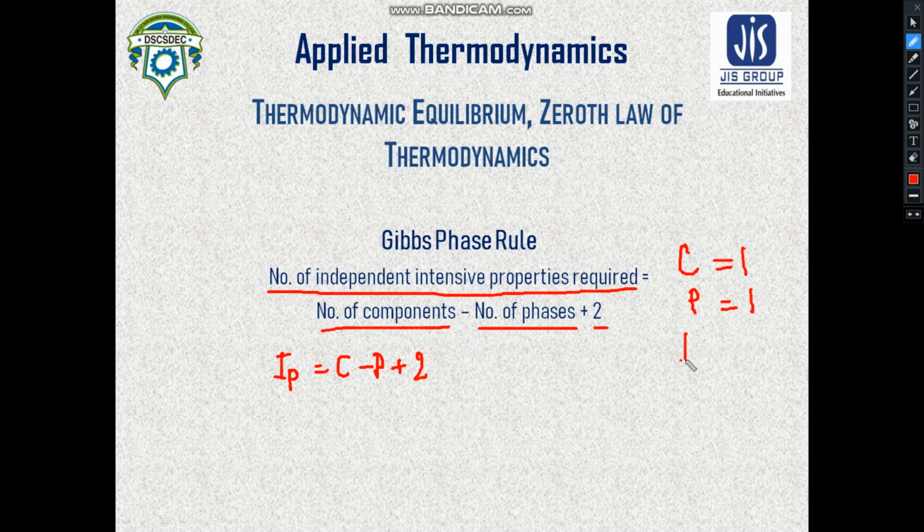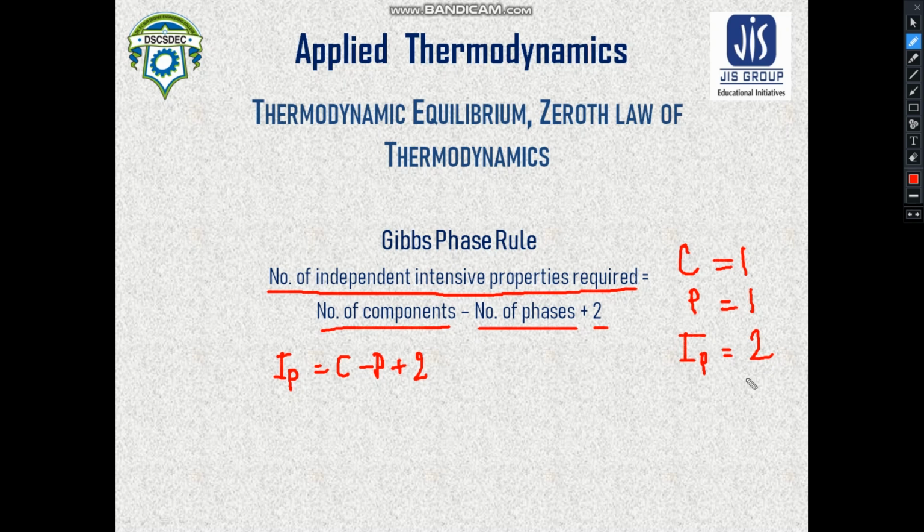So we find that IP, the number of independent intensive properties, is 2. In my previous information, the word intensive was missing, so this is an addition you must consider here.